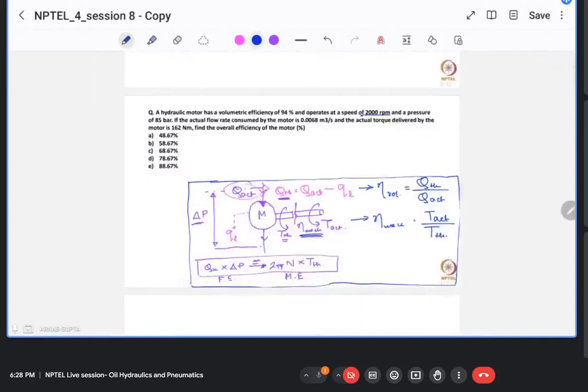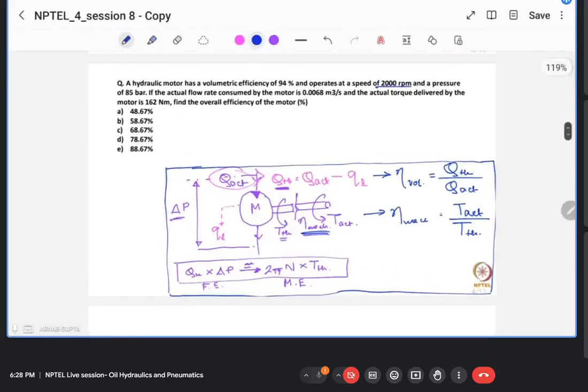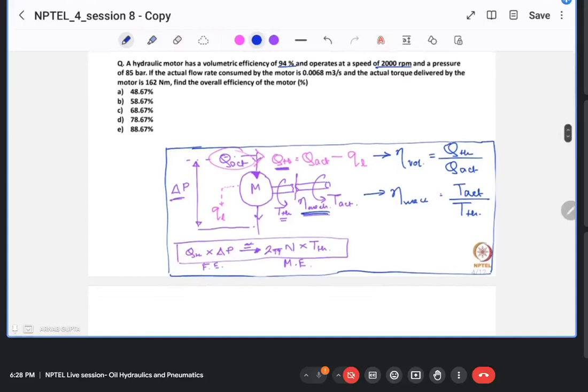Next question. A hydraulic motor has a volumetric efficiency of 94%. So I'm just writing it down.